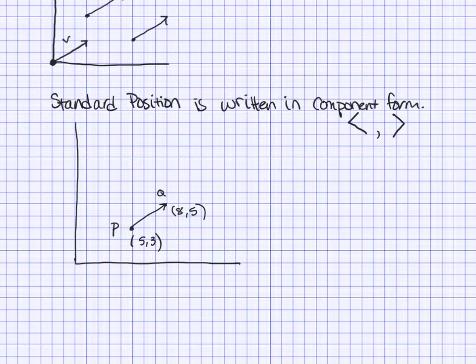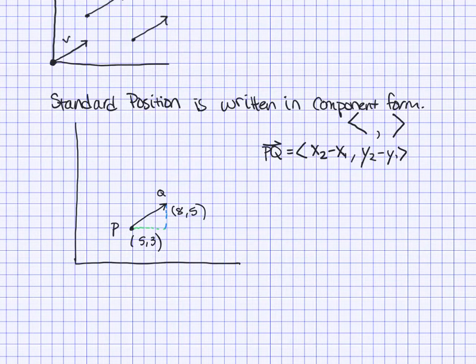So this is how I'm going to find it. I'm going to say that PQ, my vector, is equal to this distance here, which we're going to find by x sub 2 minus x sub 1. And then our y value, this distance here, we're going to find that by y sub 2 minus y sub 1.